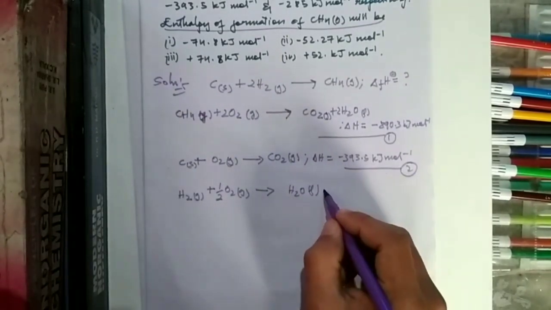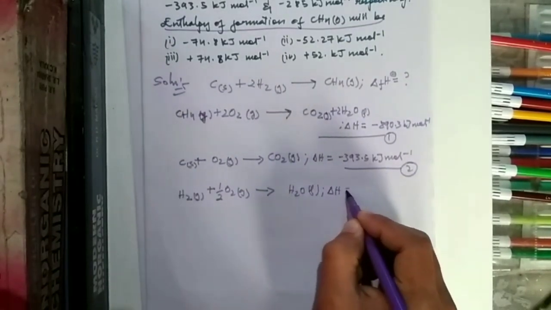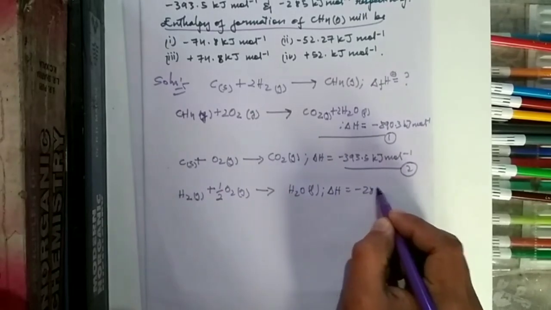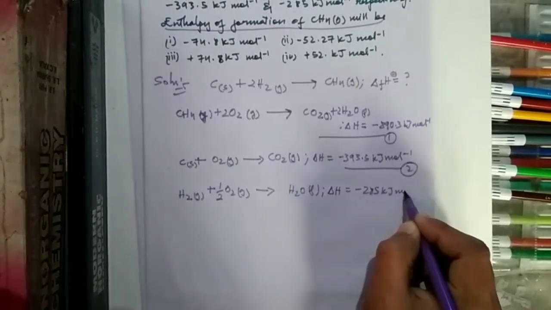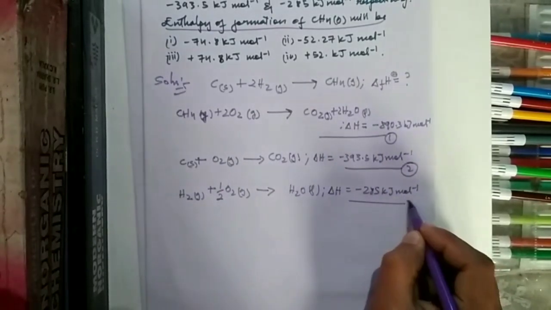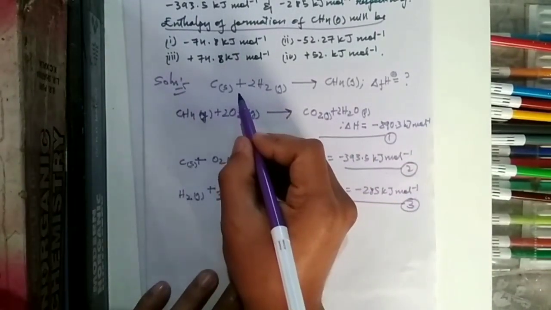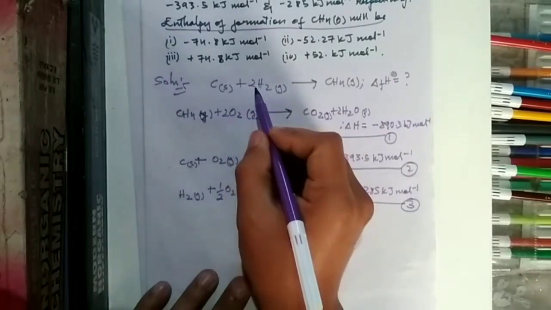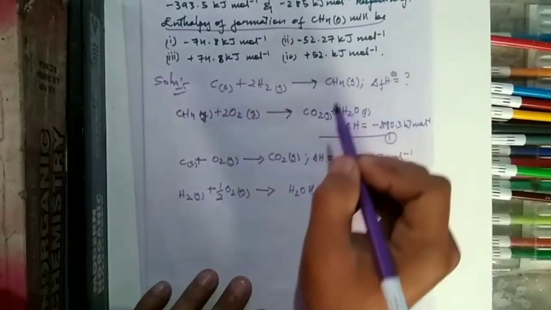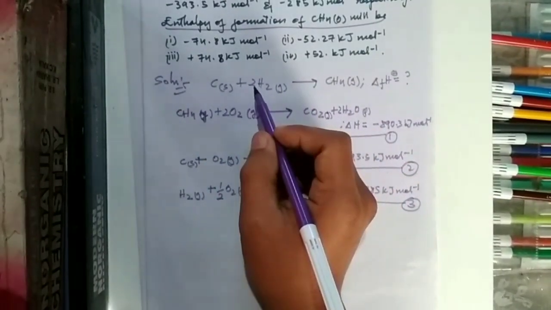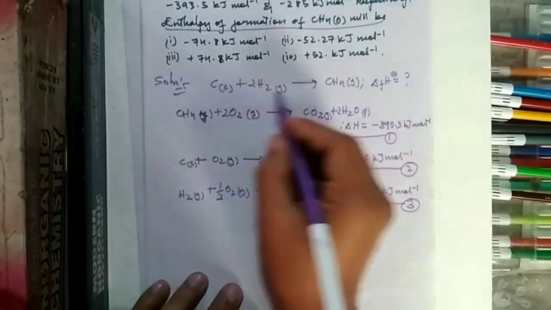Now delta H will be minus 285 kilojoule per mole. Let's take this as equation 3. And this is our required equation.